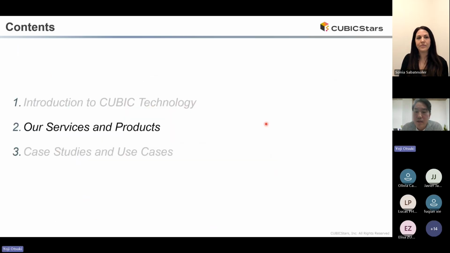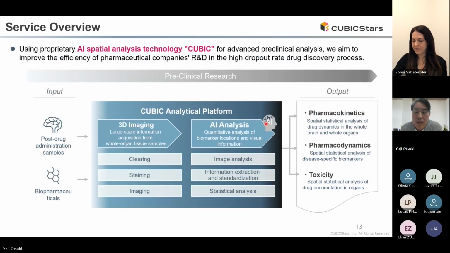With that technical foundation, let's now move on to the second part of today's session, our service and products. At CUBICStars, we offer a preclinical support service that combines 3D imaging and AI-powered analysis. Firstly, we receive post-drug administration samples from pharma or research institutes, and we conduct the 3D imaging, including the clearing, staining, and imaging.